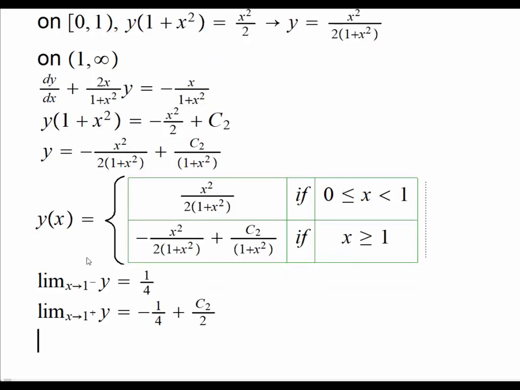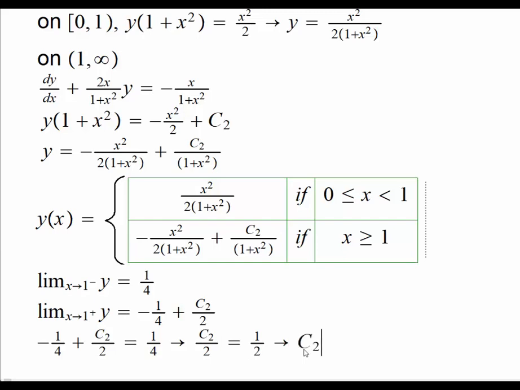Now if we want the function to be continuous at 1, what we must have is that the limit from the left has to be the same as the limit from the right. Which means what? c2 over 2 has to be 1 over 2, because when you bring this 1/4 here and add it to the 1/4 on the right side, you get this 1/2, and c2 becomes what?